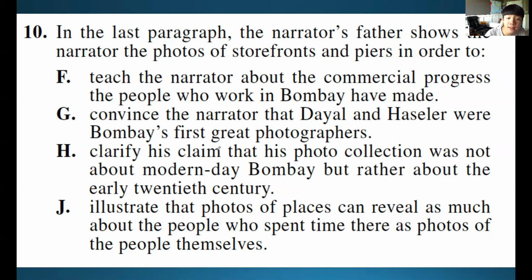He's not convincing the narrator of great photographers. That's not right. Is he teaching the narrator about commercial progress? Not really. He's really trying to make the narrator see the people, not the progress or the money or the nature of the city. He's making the narrator see the people, because the people are the city, he ends up saying later on. So that's not right.